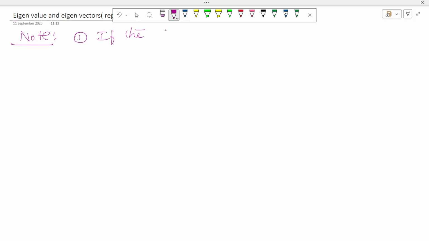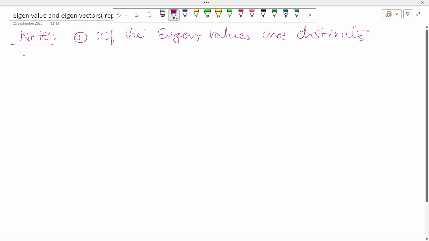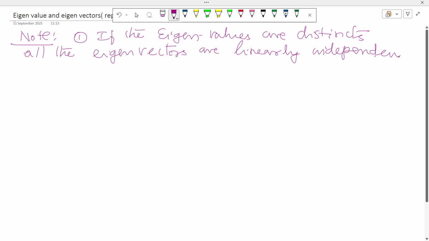If the eigenvalues are distinct, all the eigenvectors are linearly independent. That means there is no relation between those two eigenvectors.